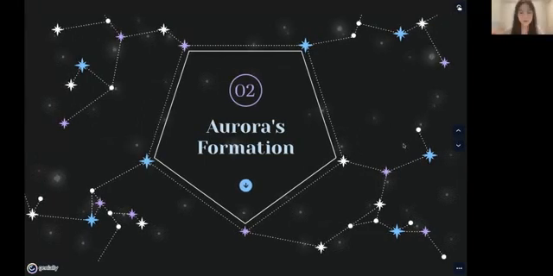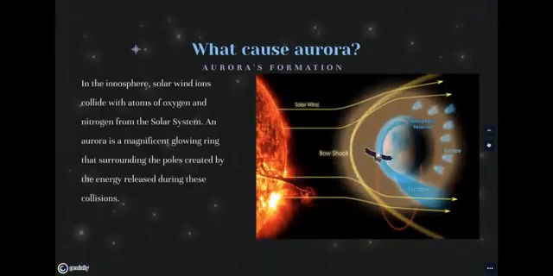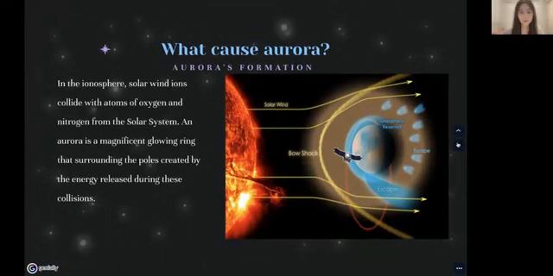My second section is aurora's formation. In this section, I will tell you what factors can form an aurora. What causes aurora? In the ionosphere, solar wind ions collide with atoms of oxygen and nitrogen.